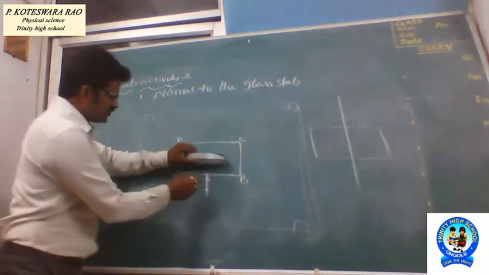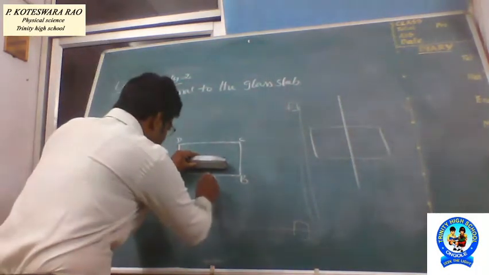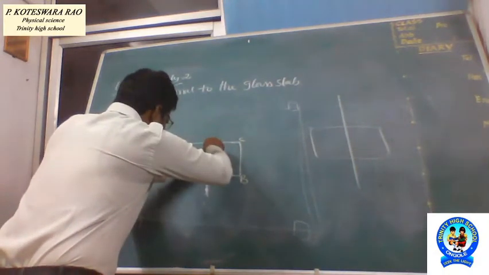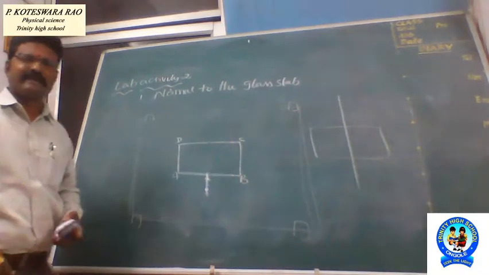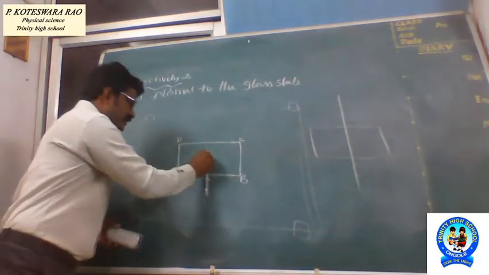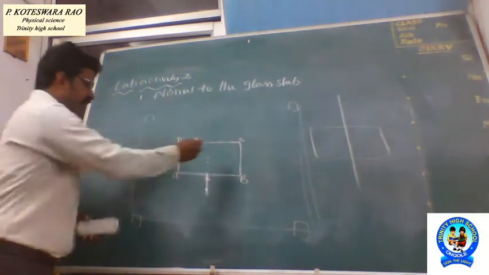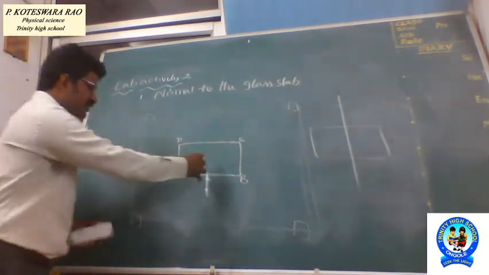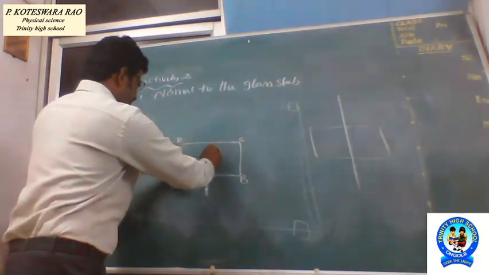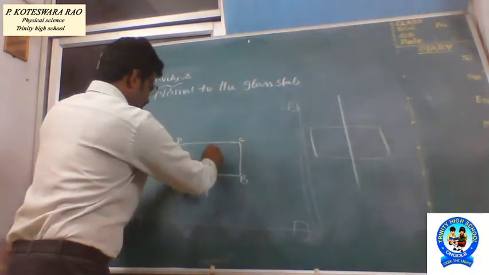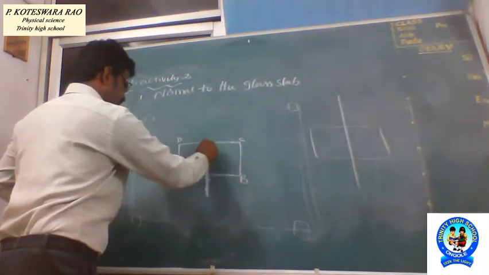Then we can observe the images formed on the back side of the glass slab, and here we fix two more pins. Then remove the glass slab and the four pins, and with the help of the dots and scale, draw the line. That line must be straight.